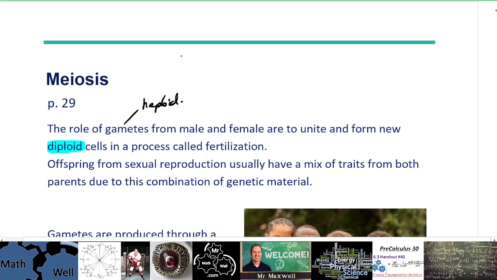So the purpose is for a male haploid and a female haploid to come together to produce a diploid cell, okay? Fertilization. Offspring from sexual reproduction usually have a mix of traits from both parents due to this combination of genetic material.